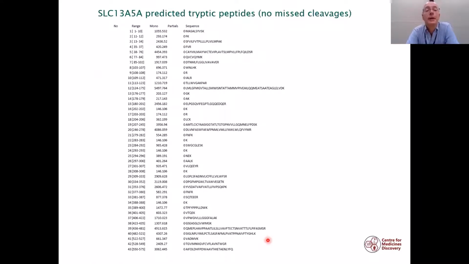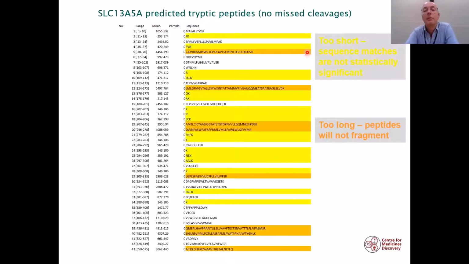So we can do an in silico digestion of SLC13 for trypsin, and this is what we've done. There are no miscleavages, so the assumption is that the digestion has gone to completion. We have a range of theoretical peptides of SLC13, and I've marked them here.